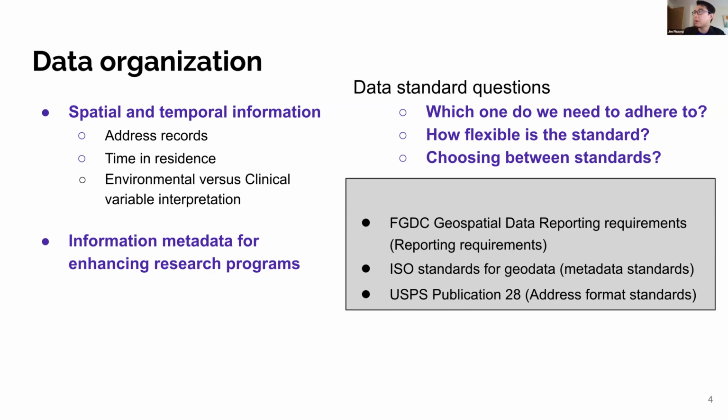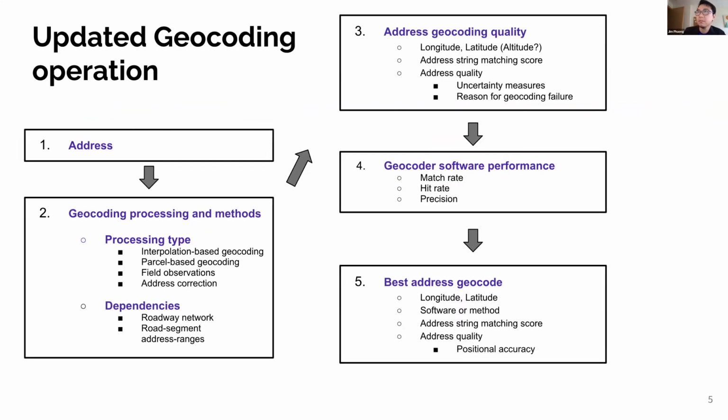So while we think about workflow, we also need to think about what type of data and metadata we're utilizing. We had updated geocoding operations in January. The last time I presented this slide deck, this was the set of operations where we're no longer going to do the address standardization from the get-go.